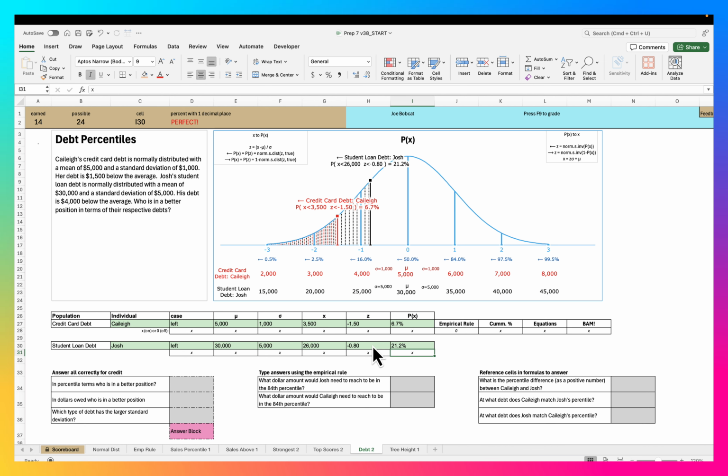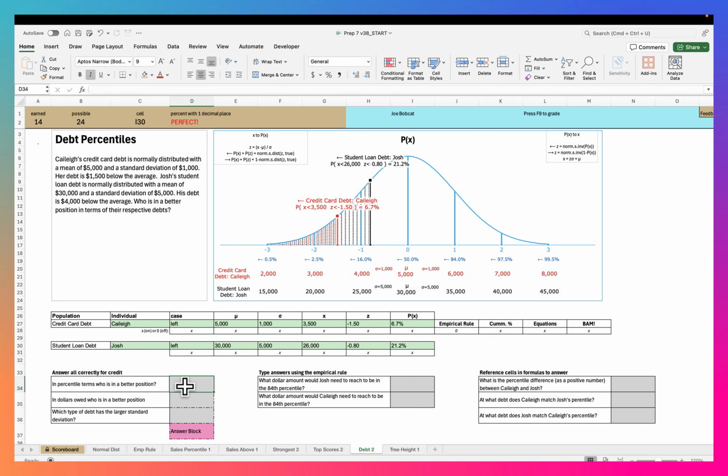Okay. So Kaylee's in the 6.7 percentile, and Josh is in the 21st percentile. So Kaylee's in a much better position.